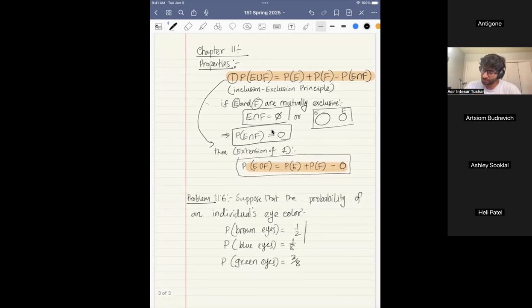Now, what is the probability of an individual to have blue or green eyes?